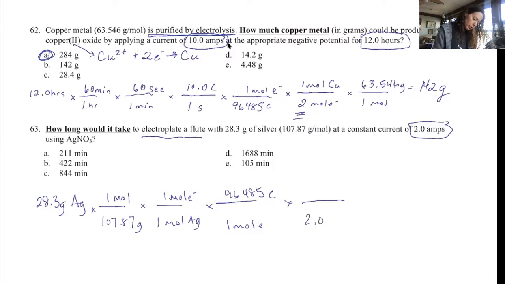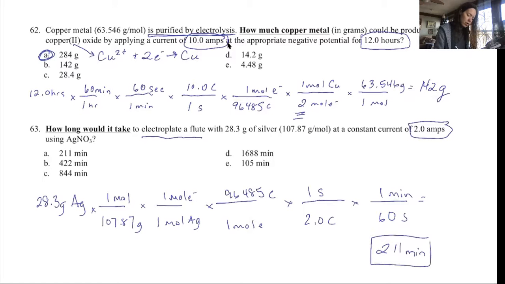So 2.0 coulombs for every 1 second. Our answers are in minutes. There are 60 seconds in every 1 minute. 28.3 times 96485, divided by parentheses 107.87 times 2 times 60, close parentheses. I've got 211 minutes, which is in fact answer A over there.